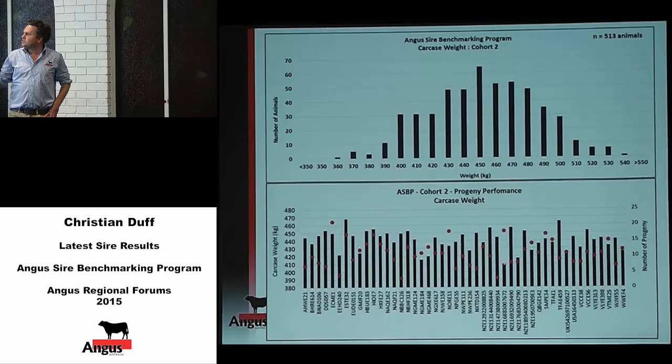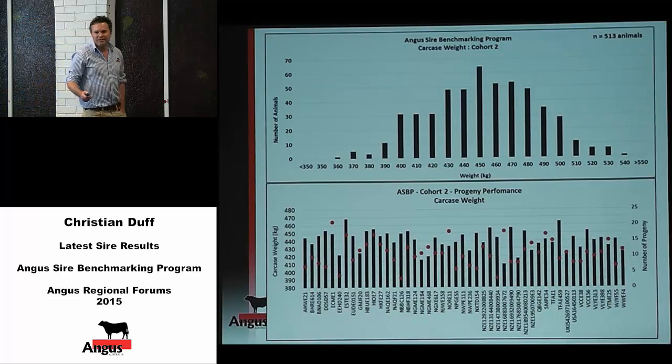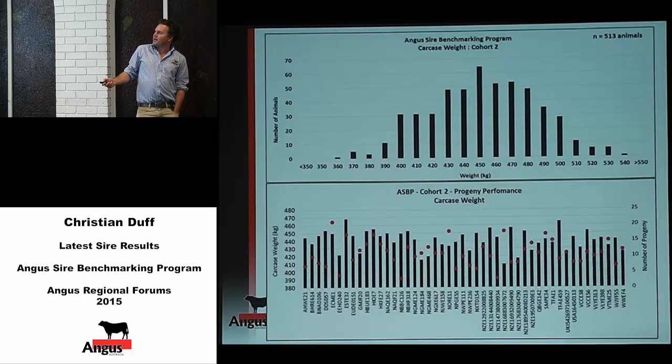Down to this one here is a New Zealand genetics bull whose progeny are averaging just under 410 kilos. So you're seeing around 50 or 60 kilos difference in progeny average on carcass weight. That's pretty significant if you're selling those over the hooks, of course. Saying that, you've got to make sure all the other traits are right too. You don't just select on one trait. You should all know that.